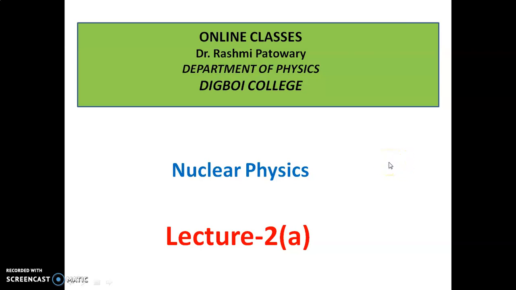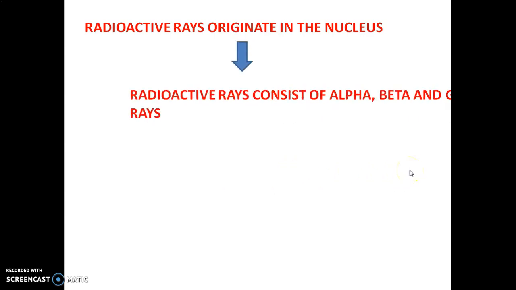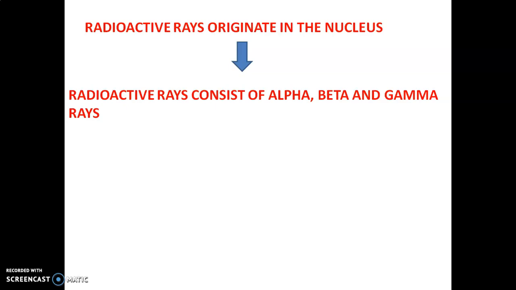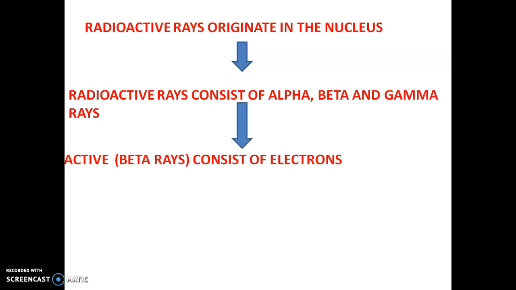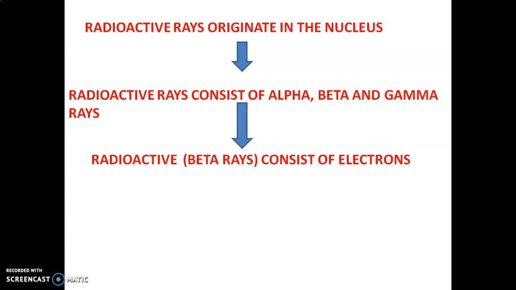So, we talked about radioactivity. We saw that radioactive rays originate in the nucleus. We saw that radioactive rays consist of alpha, beta and gamma rays, and that the beta rays, not the alpha and the gamma, consist of electrons.